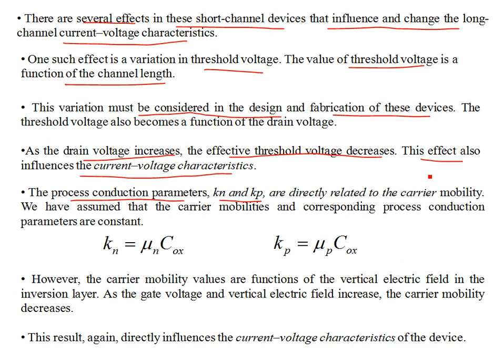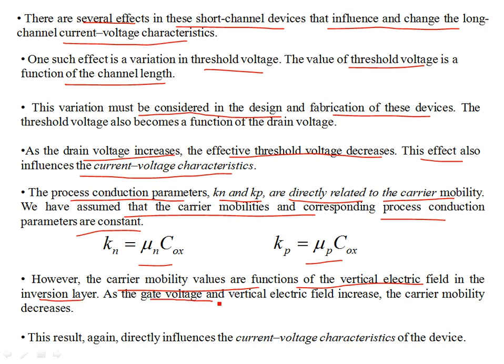But if the channel length is small, the process conduction parameters are directly related to the carrier mobility, and we assumed the mobilities and corresponding conduction parameters constant. Over here mu n and mu p were kept constant. The carrier mobility values are now also a function of the vertical electric field in the inversion layer. So as the gate voltage and the vertical field increase, the carrier mobility decreases.